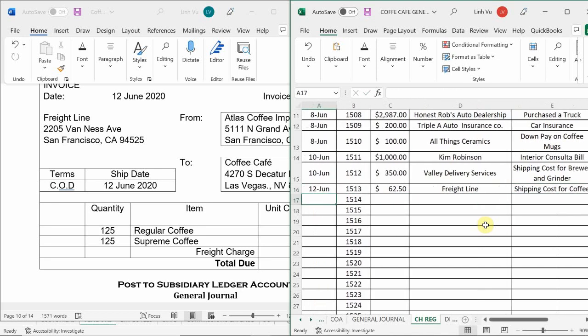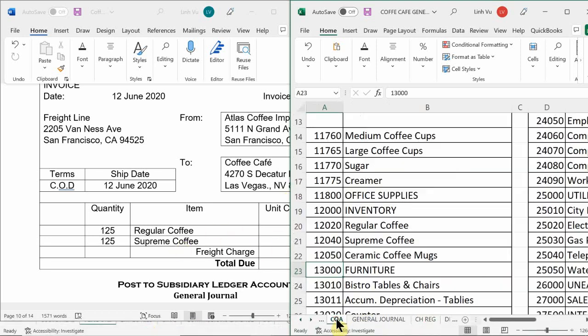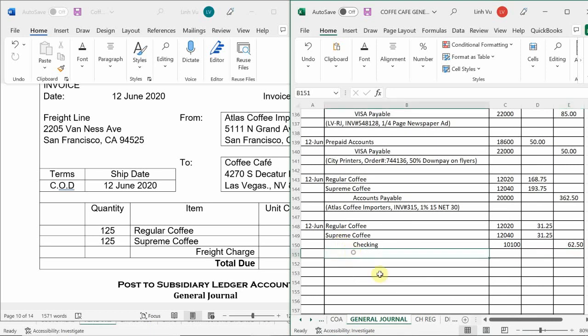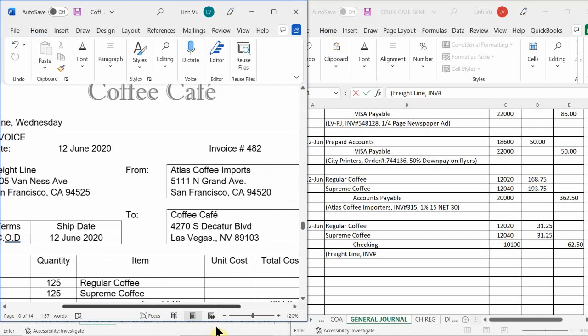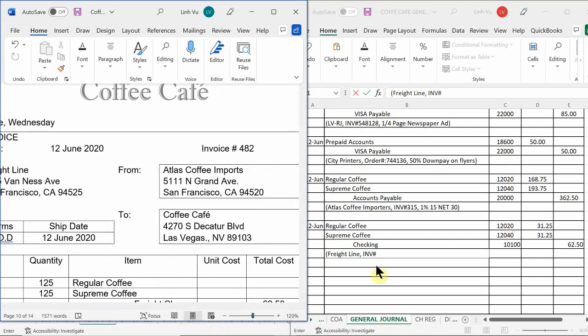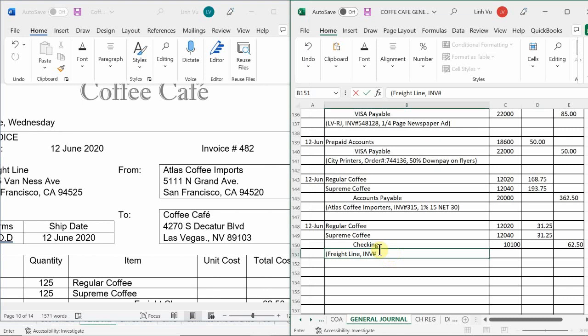Now that we wrote a check for 1513, let's go back to my journal. I received an invoice from Freight Line. Proof that my transaction was there was invoice number 482.